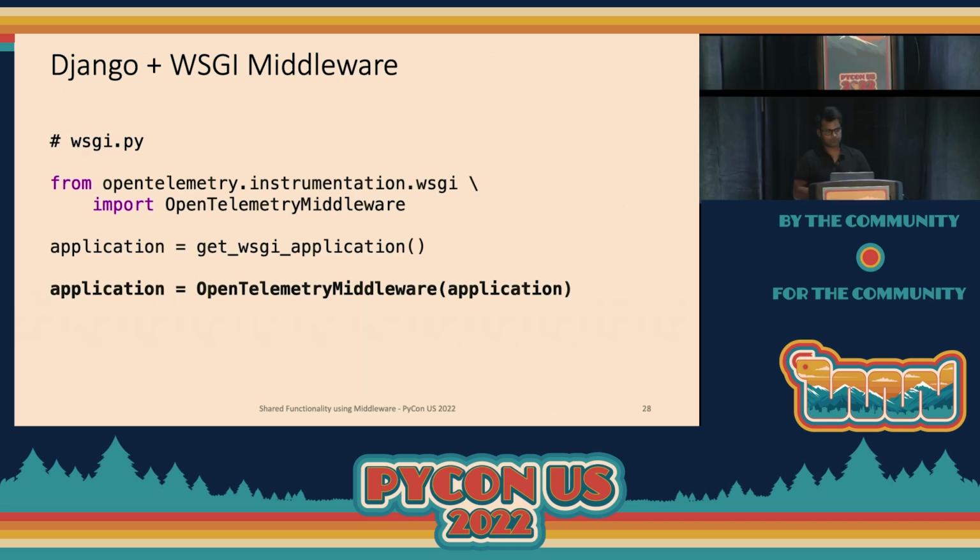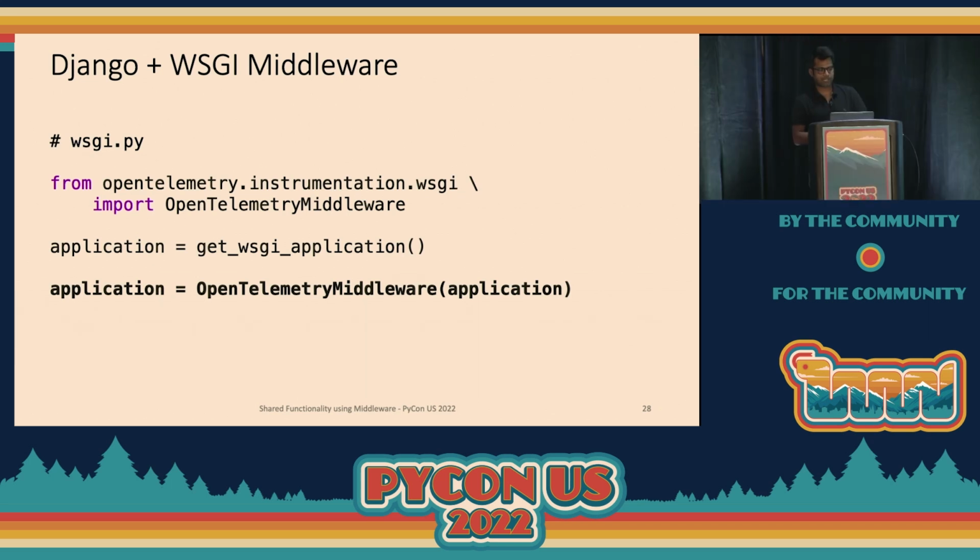Now, for Django, if you look at the file wsgi.py in your project, you will find this code where there is a top-level variable called application, and that gets set to the return value of the function get_wsgi_application, and that points to your underlying WSGI application.